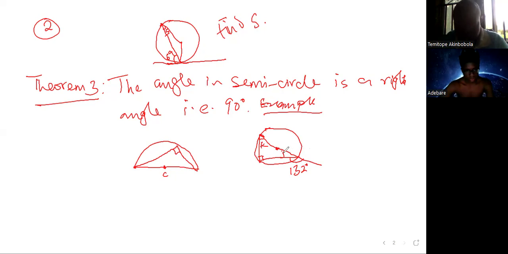So this place is J. This is J. So the question now says, what is the value of K?